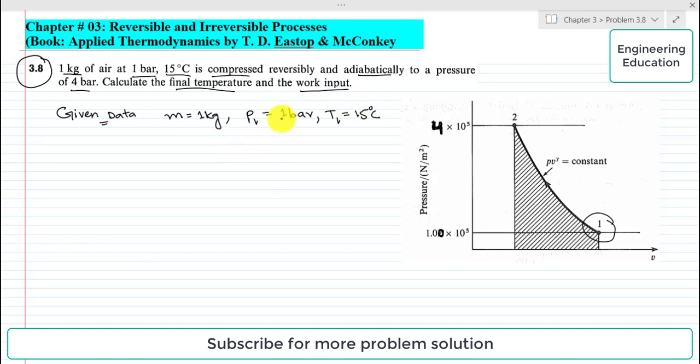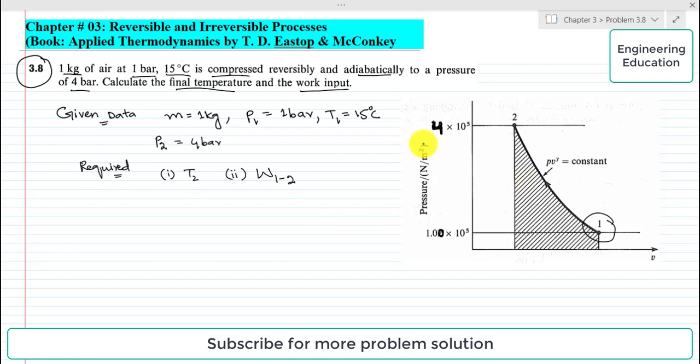The process is reversible and adiabatic process. Similarly, the pressure P2 is 4 bar. We are required to find two quantities. First is the final temperature, that is T2, and second we have to find the work input from 1 to 2.